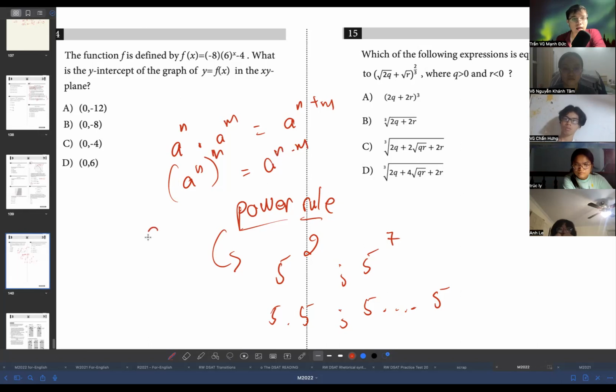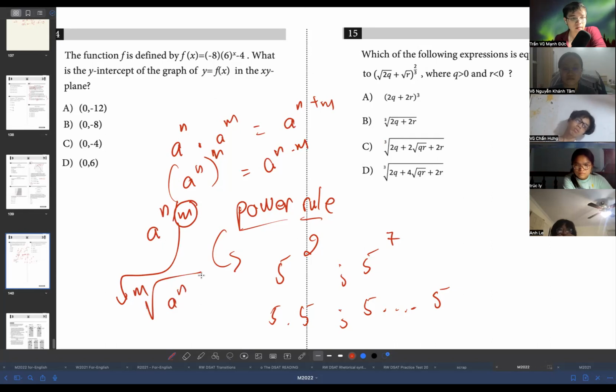So when A to N divided by M, remember the number within the denominator will be carried out to the root. Square root is 2, but the root will be the M root of A to N. So the power stays the same for the numerator, the number on the top, but the denominator will be carried out onto the root.